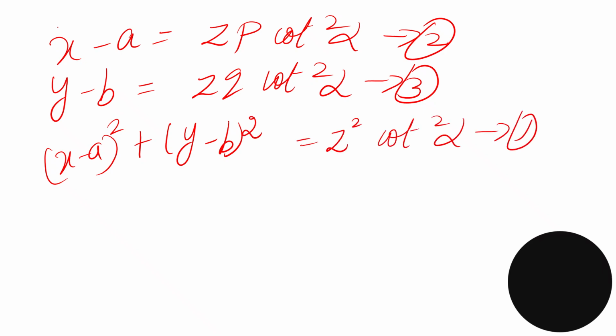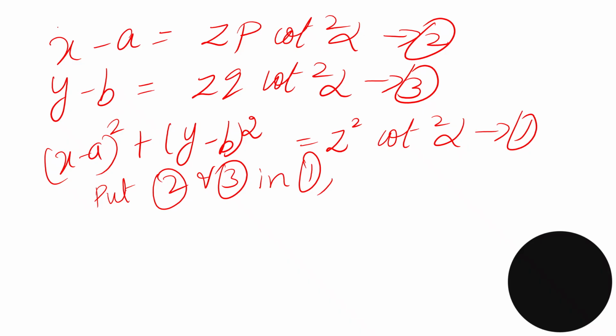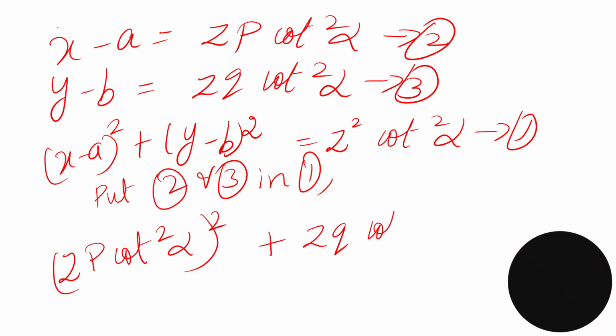Put 2 and 3 in equation 1. So what do you get? (zp cot square alpha) whole square plus (zq cot square alpha) whole square equal to z square cot square alpha.